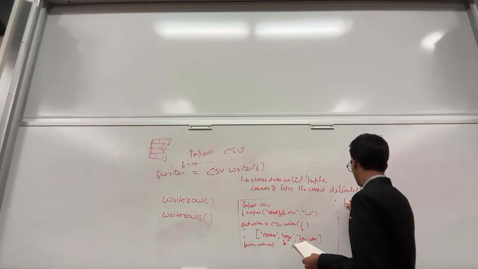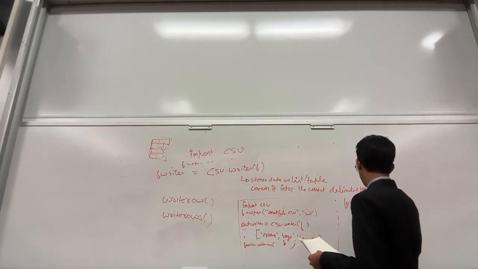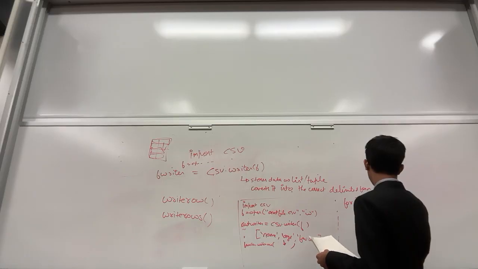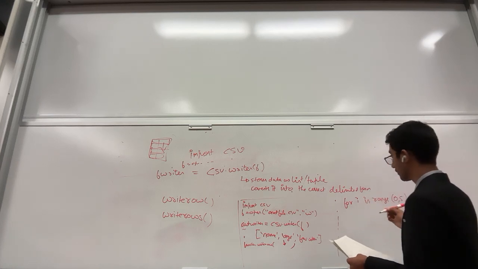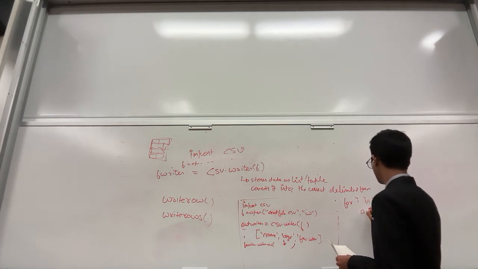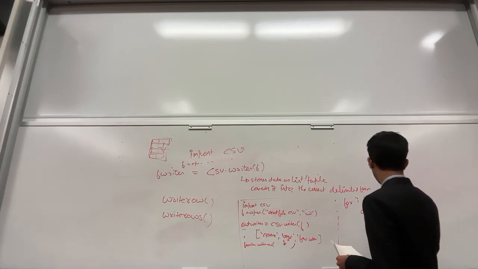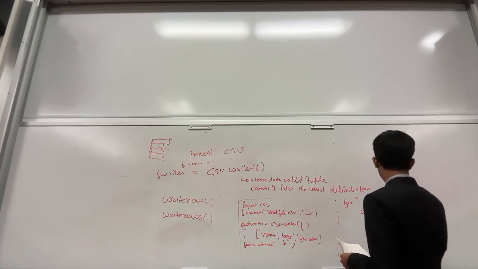So I'll write for I in range 0, 5. I'll first accept the name. So A is equal to input, enter name.